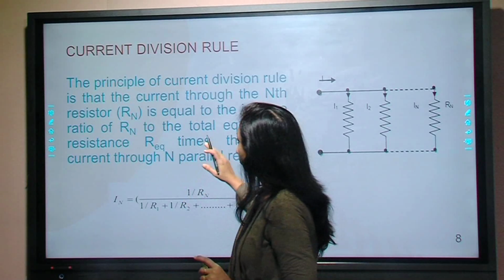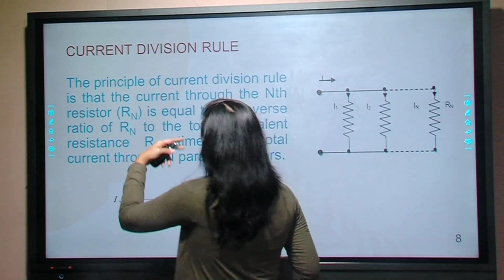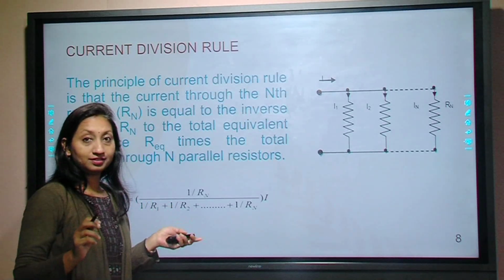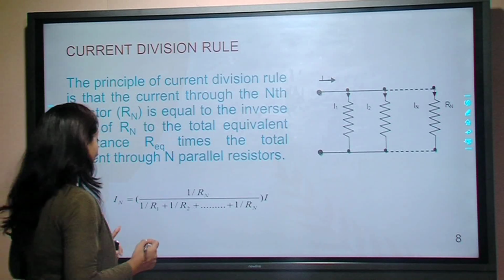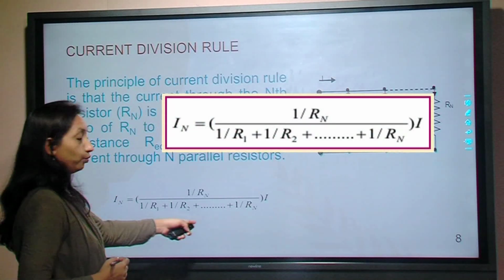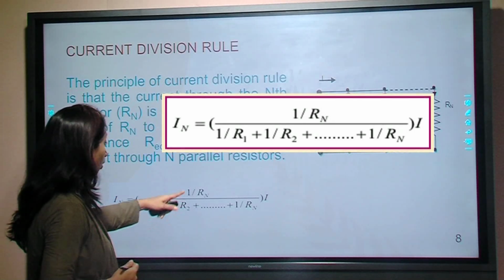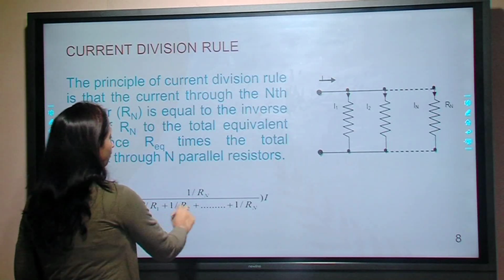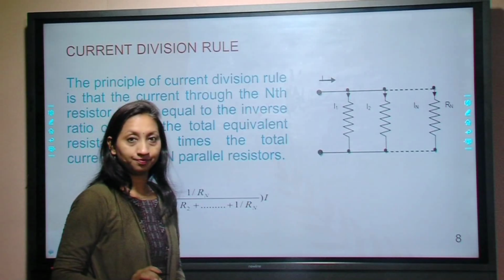Clear? So you just read the definitions, read the principle again, and using this principle we can calculate the current across the Rn resistors with this equation. It is the ratio of the inverse of Rn divided by the equivalent resistance, multiplied by the total current.